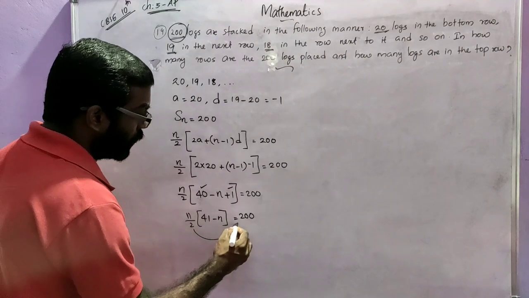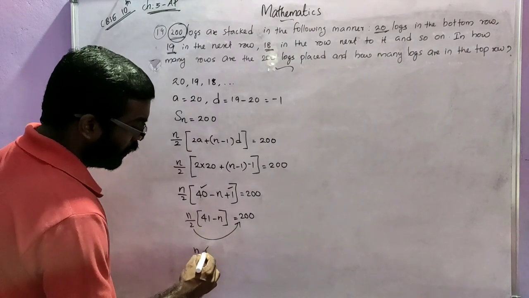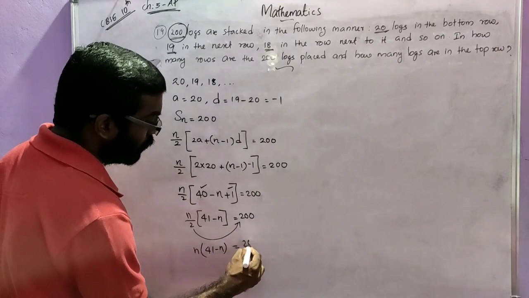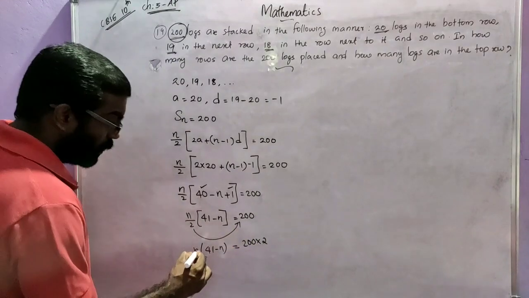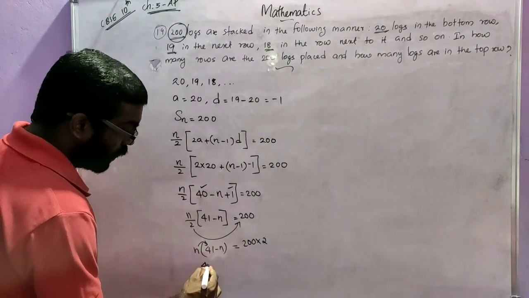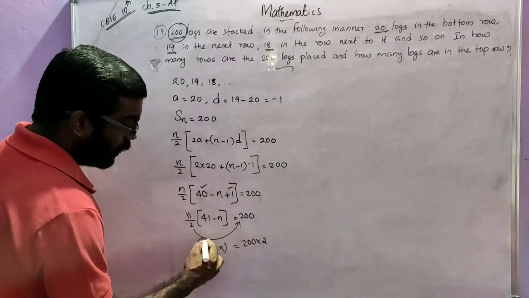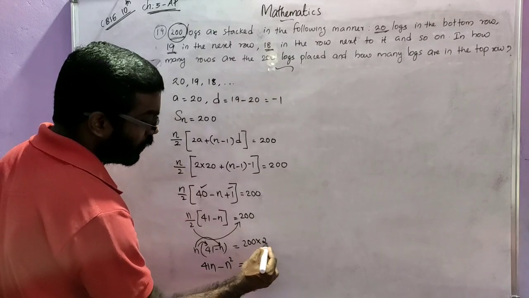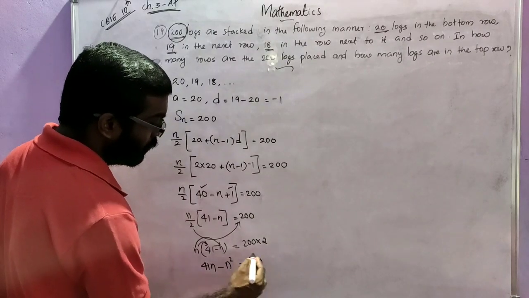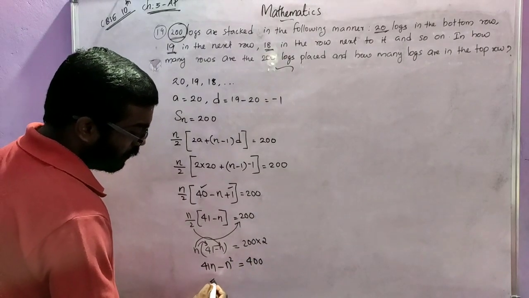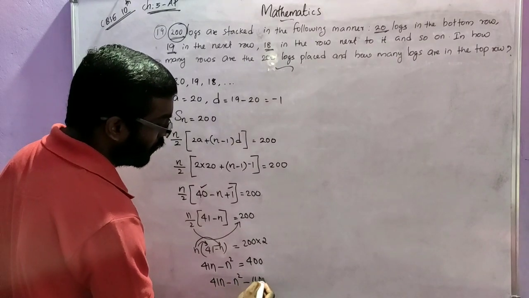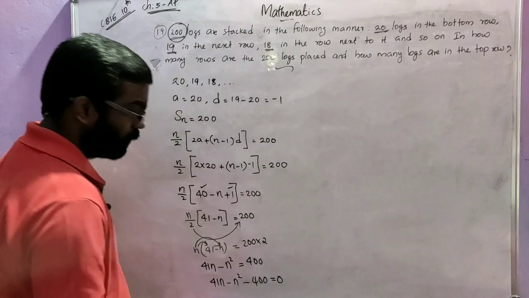This 2 we can take to the right side, that is n into 41 minus n, which is equal to 200 into 2. Now n into 41 is 41n and n into minus n is minus n square, which is equal to 200 into 2, 400. Or we can write 41n minus n square minus 400 is equal to 0.